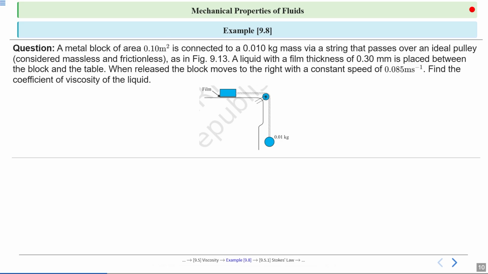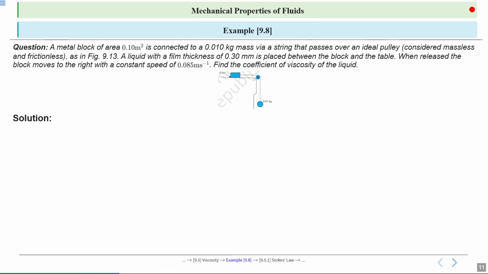A liquid with a film thickness of 0.30 mm is placed between the block and the table. When released, the block moves to the right with a constant speed of 0.085 meter per second. Find the coefficient of viscosity of the liquid. Let's see the solution.